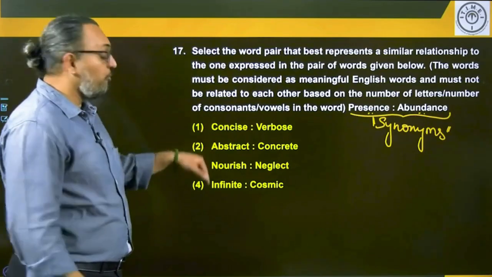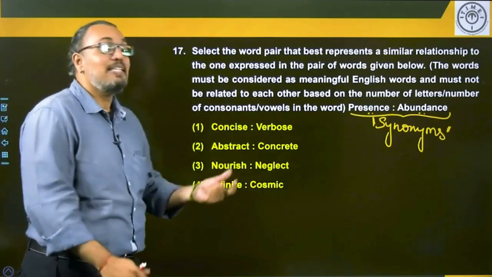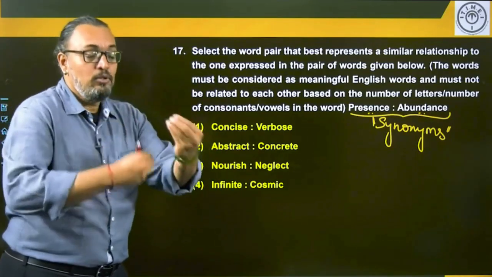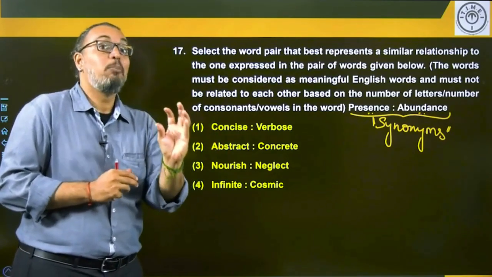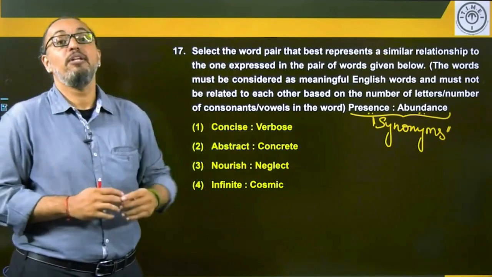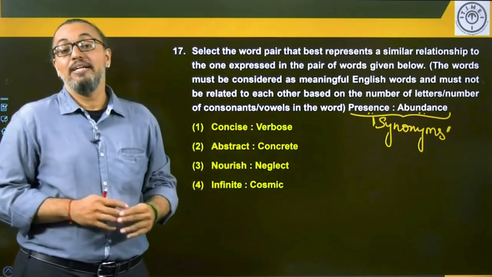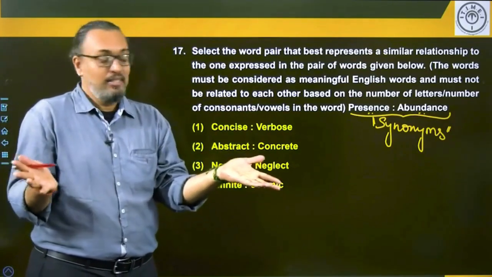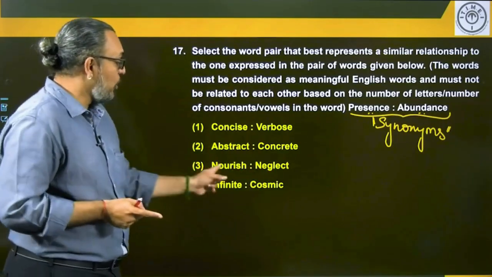Okay. Because now if you go through the options, you will get concise and verbose. Concise is, usually you concise it, you put it in a very less number of words. Verbose is you put it in more number of words. They are opposites. Likewise, abstract and concrete. Abstract is very vague. Concrete is very specific. They are opposites. Okay. Nourish and neglect.